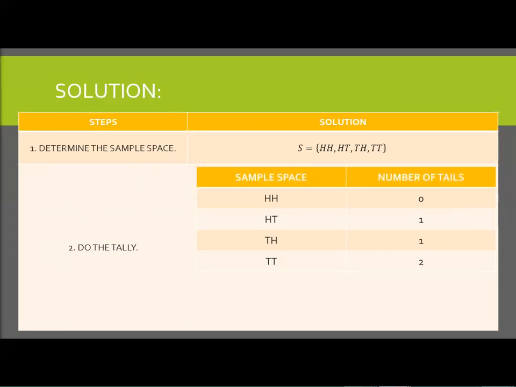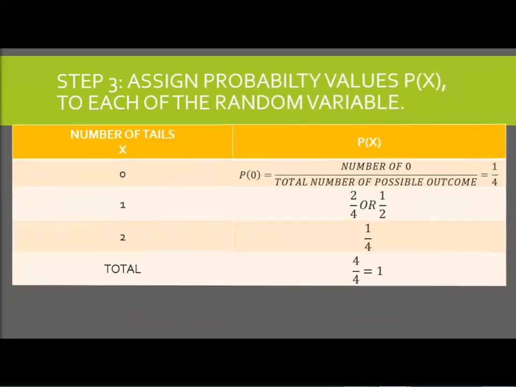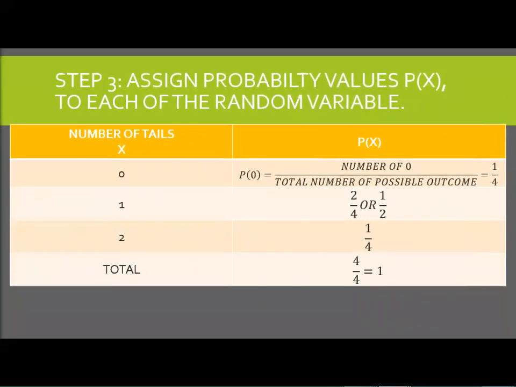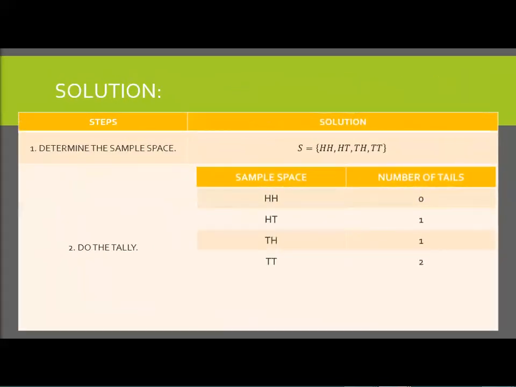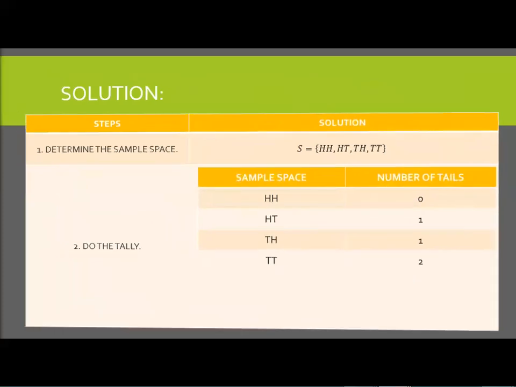Now, for step number 3, you are to assign probability values P of x to each of the random variable. The number of tails natin kanina, or the x natin, is 0, 1, and 2. In assigning probability values, ganito yung gagawin natin. Ilan ang 0 na tails dito? There's only one, the HH.